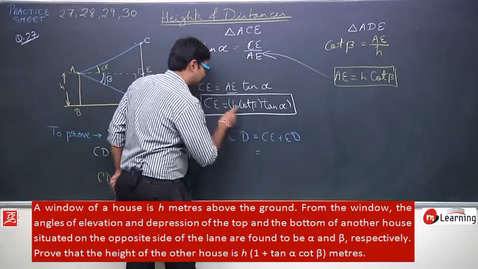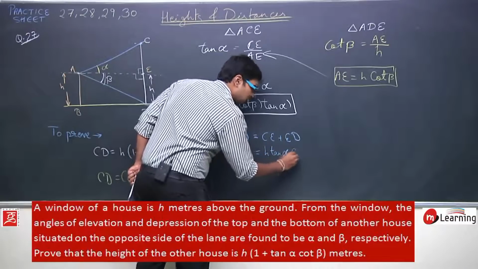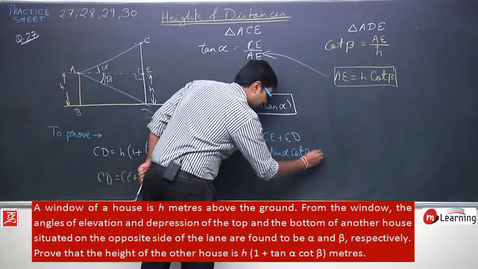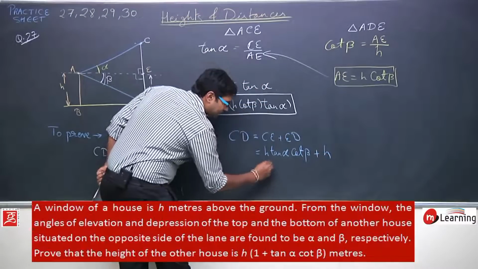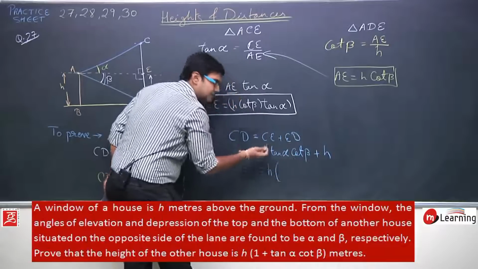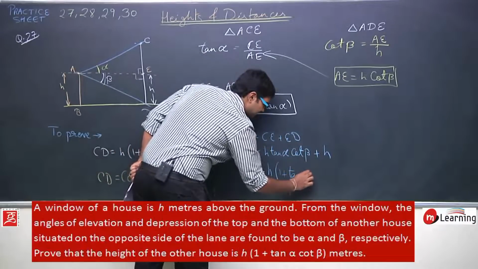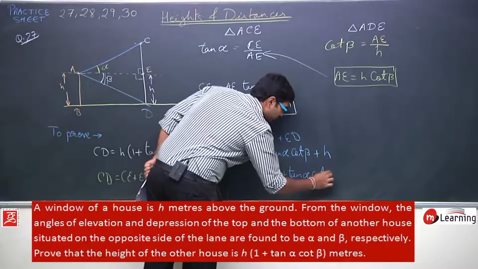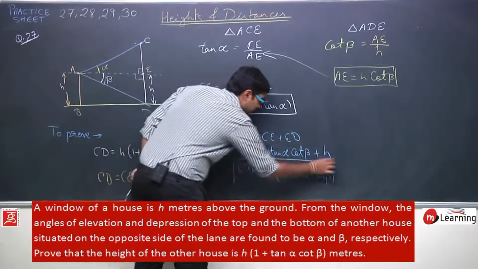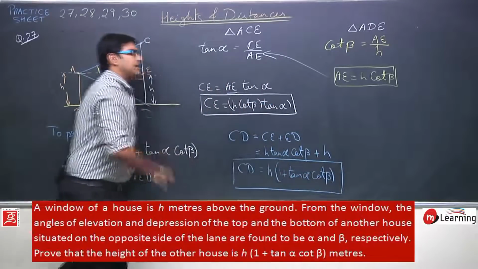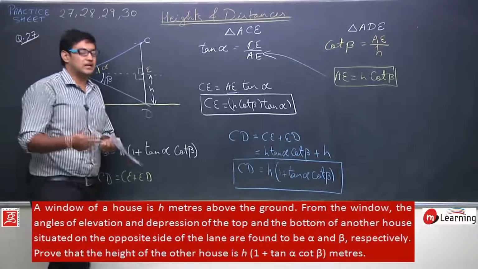So this CE is H times tan alpha cot beta, plus ED is H. If I take H as common, in the bracket you will be left with 1 plus tan alpha into cot beta, and this is the height of another building, which is the tower, which is H times 1 plus tan alpha into cot beta.